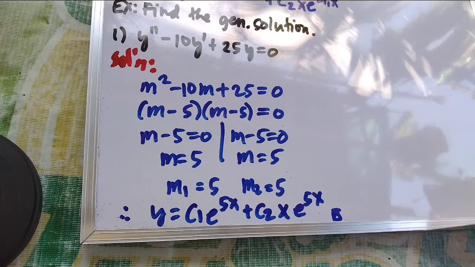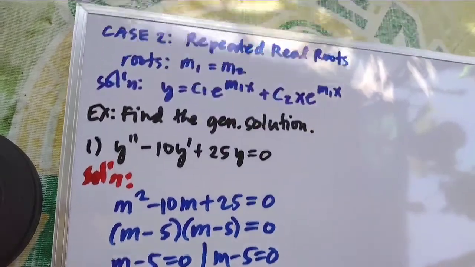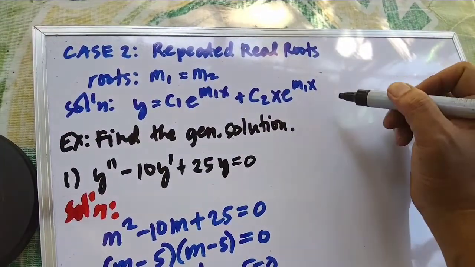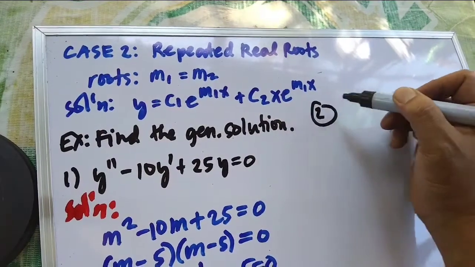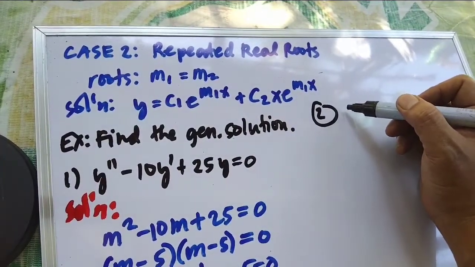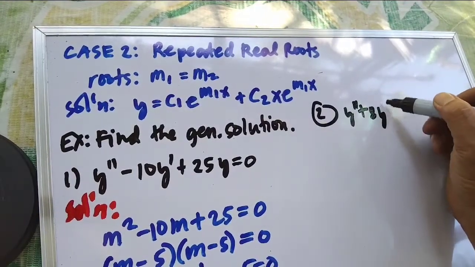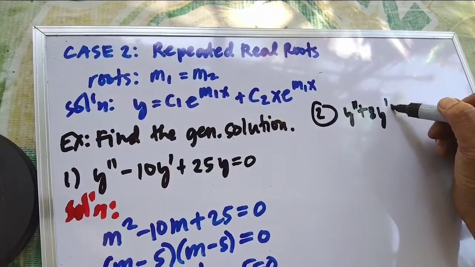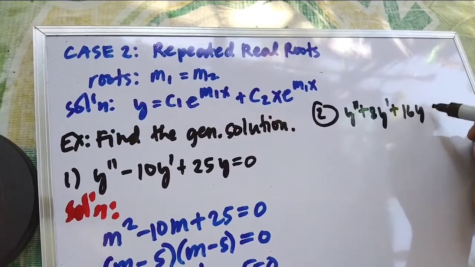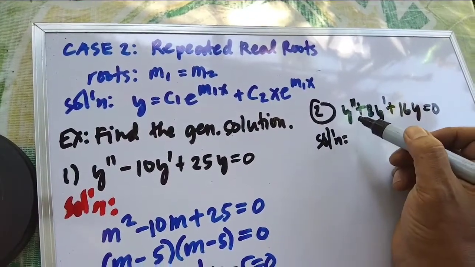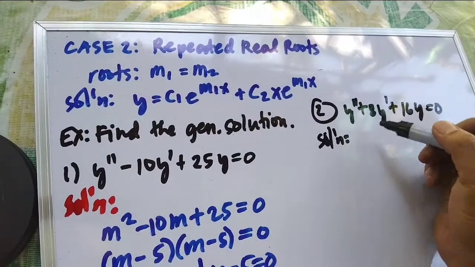Okay? So, I'll give you another example. Example number 2. You have y double prime plus 8y prime plus 16y is equal to 0. Again, we will write the auxiliary equation.